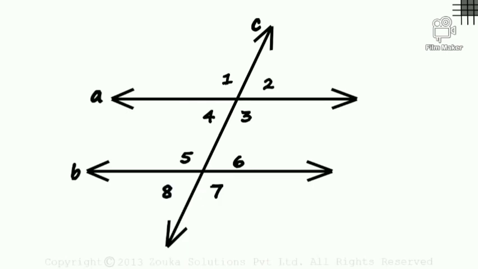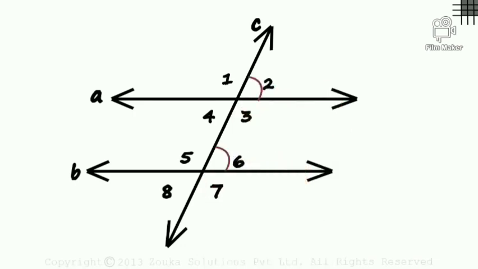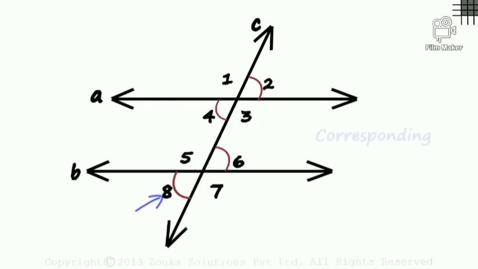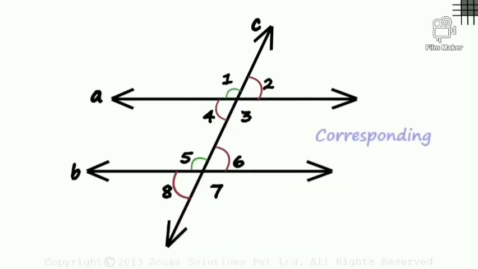Let us quickly understand the relation between the angles. Very simple. Angle 2 is equal to angle 6, corresponding, and angle 8 is equal to angle 6, vertically opposite angles. Angle 4 is equal to angle 8, corresponding angles. Similarly, angle 1 equals angle 5, corresponding angles.